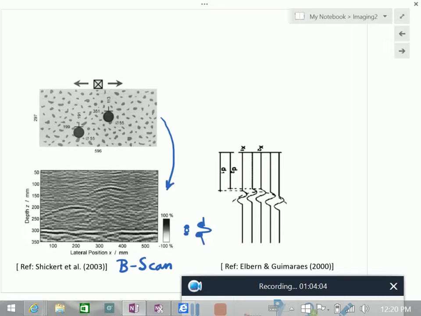What are the issues with this? The resolution. You have two holes very close to each other, you may not be able to distinguish them. Very, very good point.